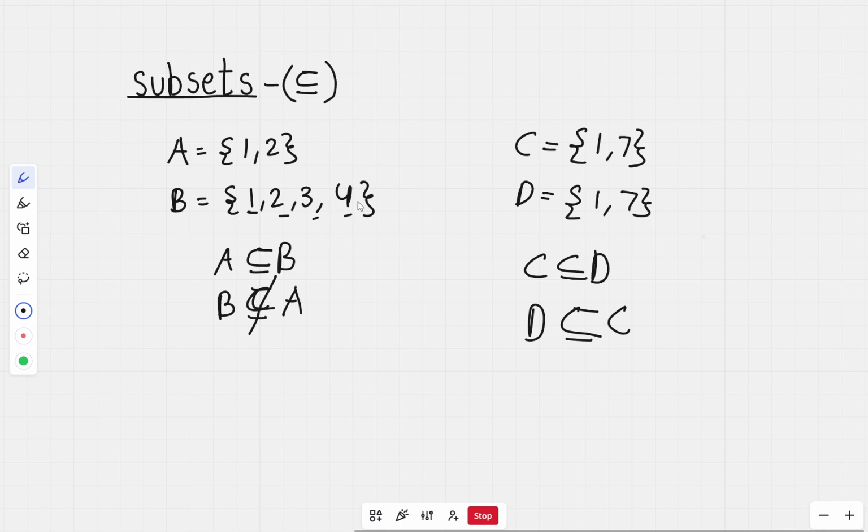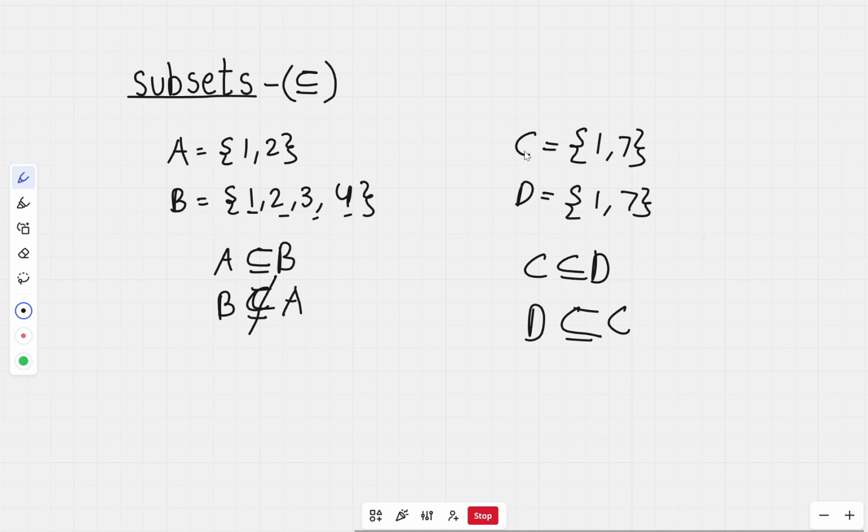So this was about subsets. Now there are some important points about subsets. First, every set is a subset of itself. We consider that A is a subset of B, but B is also a subset of itself because B contains all the values present in itself.